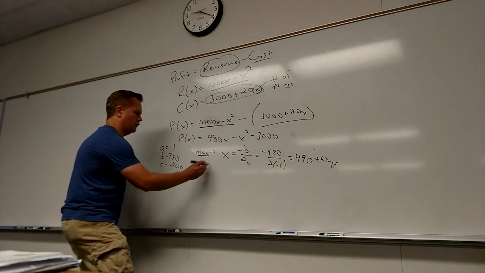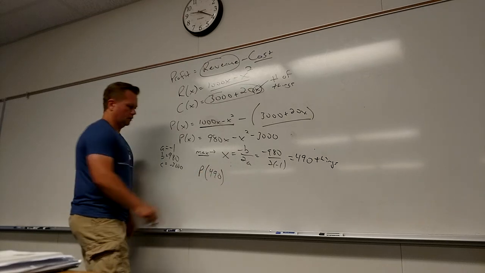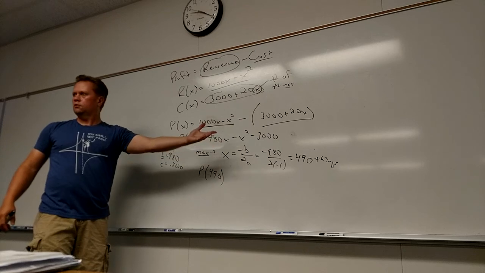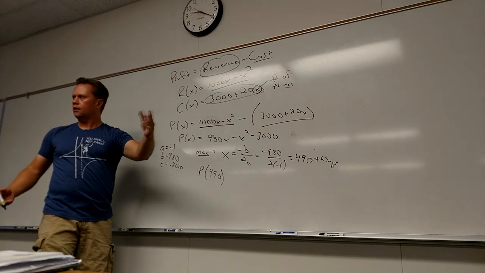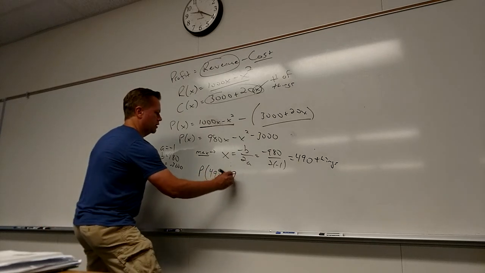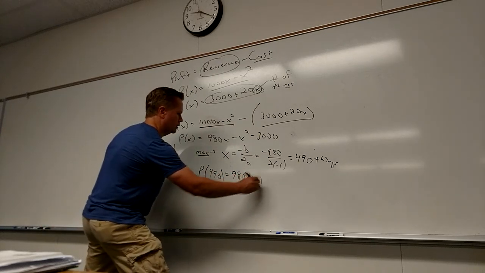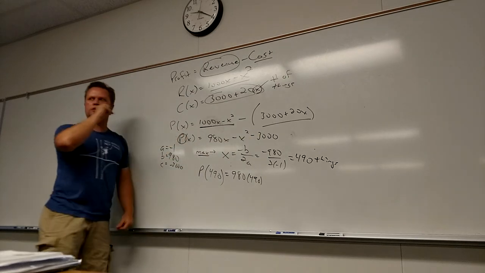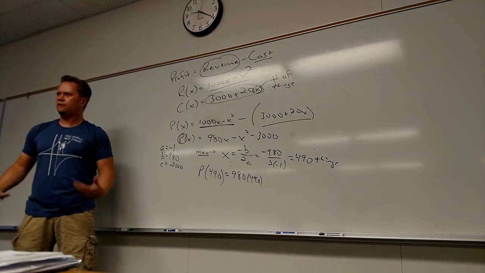So to know the profit for 490 things, I put 490 into the profit function, right? So you could plug that in the calculator. I just plug 490 in to figure out what the profit's going to be. That's what that function is for. It's the profit function.